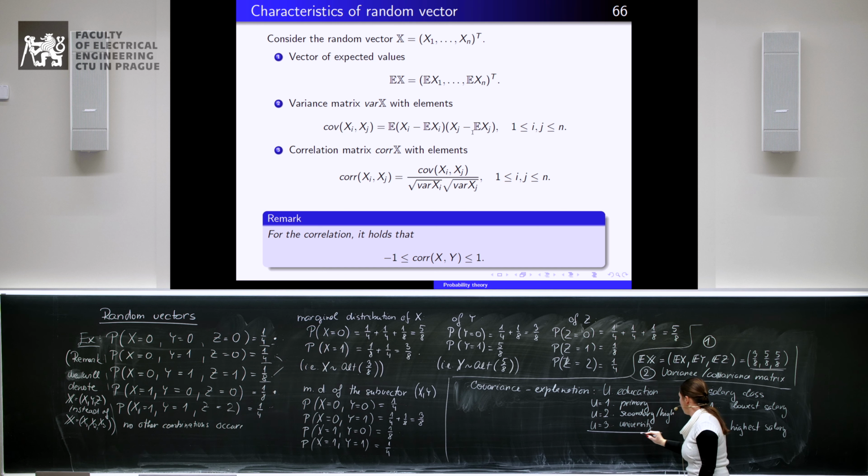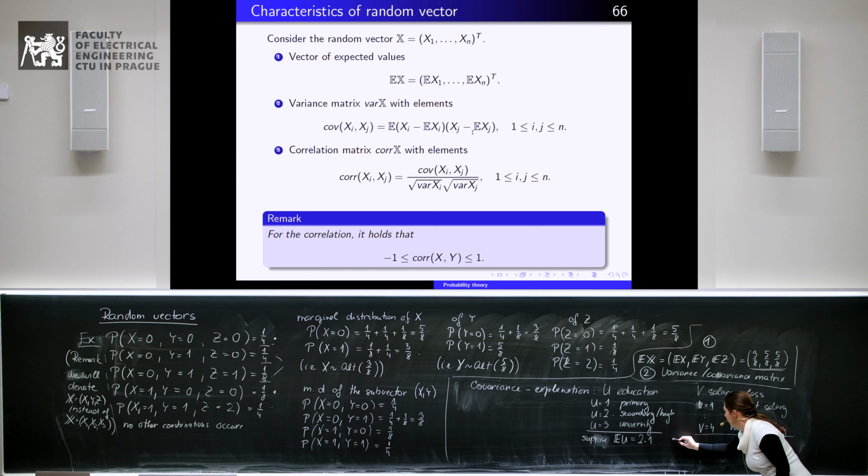Imagine that, for example, let's suppose that the expected value of U is 2.1. And so it means that many people have secondary schools, quite large percents of people have university. So let's suppose that the expected value of U is equal to 2.1.